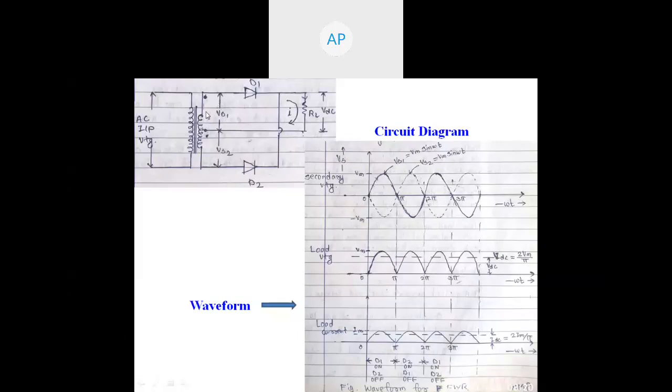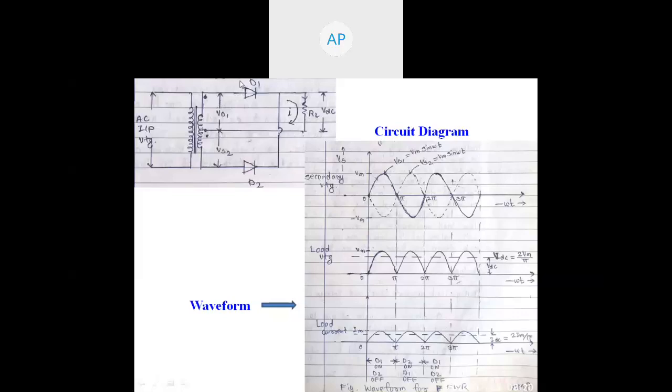Therefore this terminal is positive with respect to CT, or with respect to the negative. This upper positive terminal is connected to the anode side, and the negative terminal is connected to the cathode side of diode D1 through the load resistor.